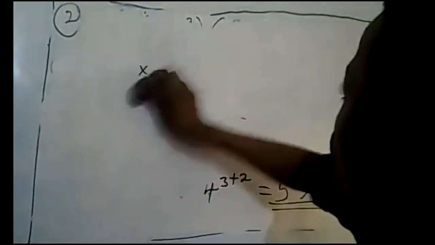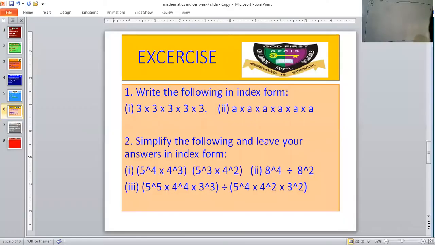Exercise number 2. What does that one say? I can. Can you? Let's see if you really can. So let's see what that question is telling us to do. Number 2 says, 8 raised to power 4 divided by 8 raised to power 2.